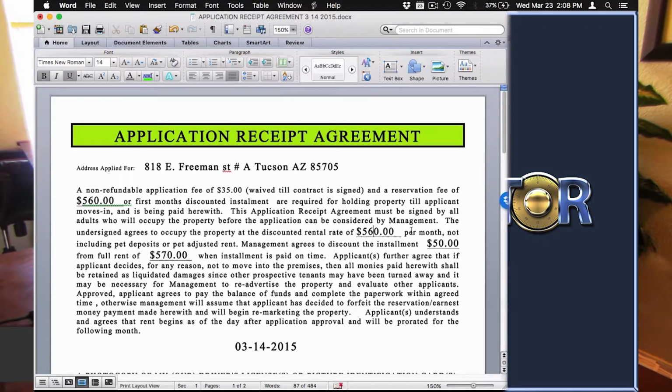And what does a discounted rate mean? When they pay their payments on time, their payments are $560. When they don't make their payments on time, the payment on this house is $610. So you can see that we agreed to discount this installment $50 when the rent is due on time, from the full rent amount of $610. So we change these numbers in there, we change the date, everything else should be in there.